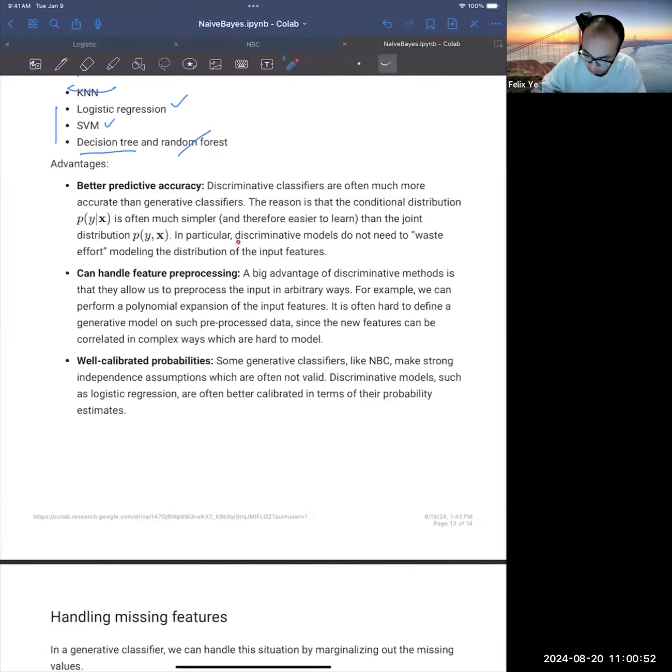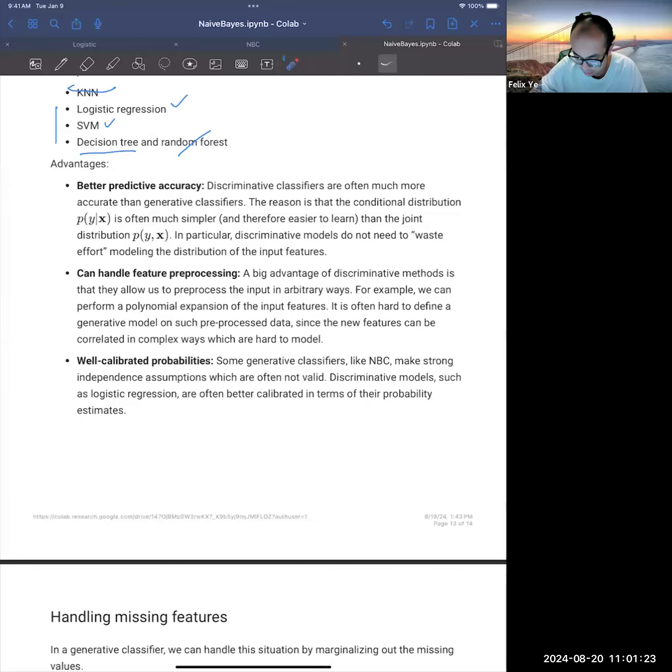Also, these discriminative models do not need to waste effort on modeling the distributions of the input features. If we want to calculate this joint distribution, that means we need to build models for the input features, which is the probability p(x) right here.